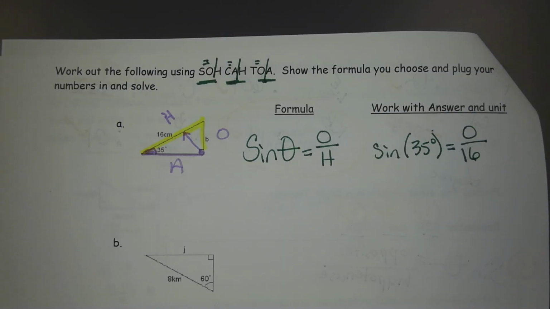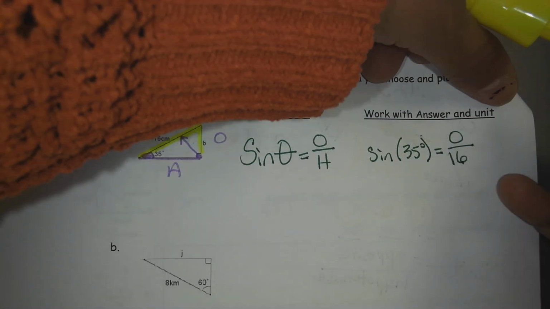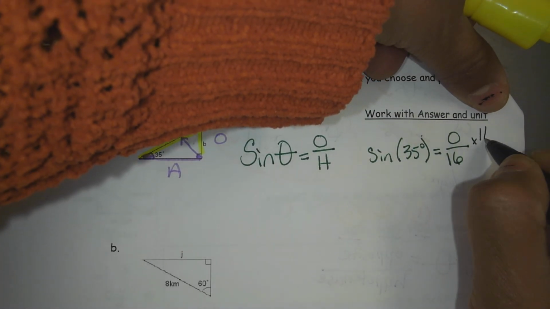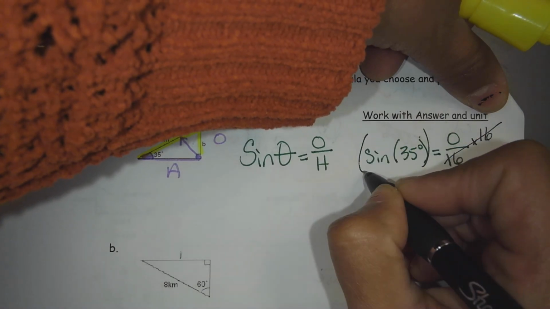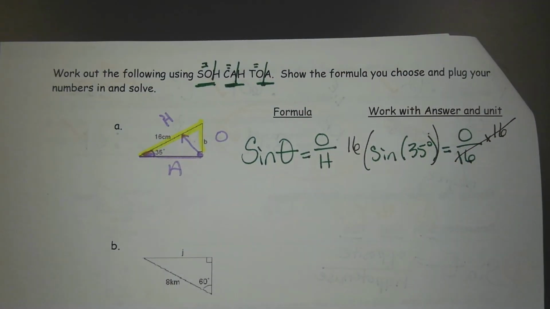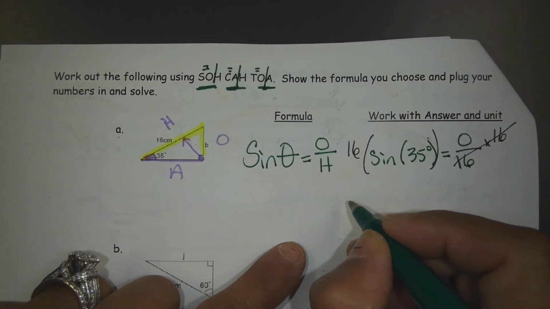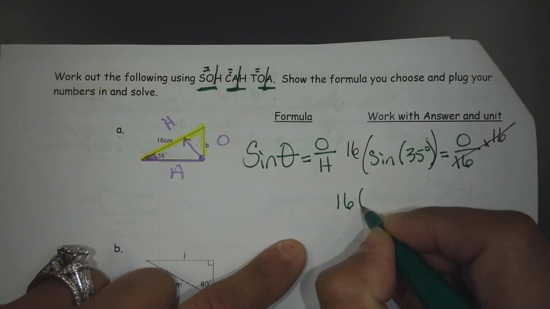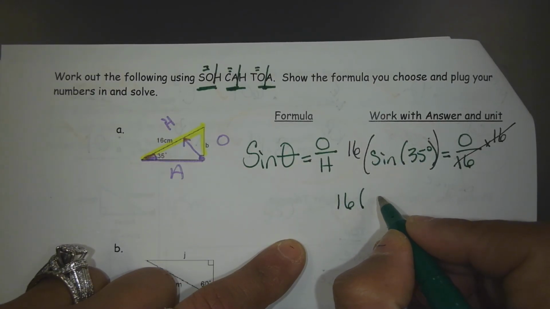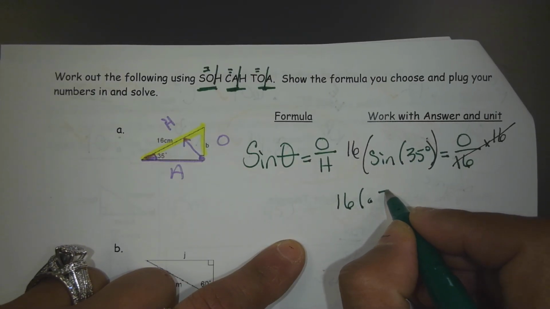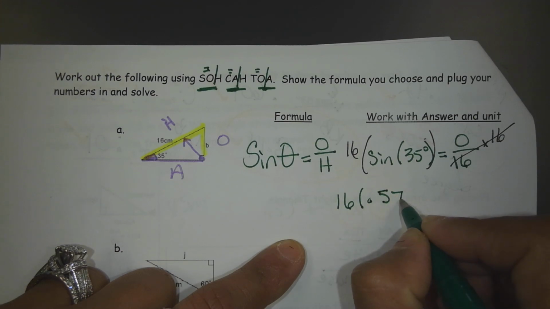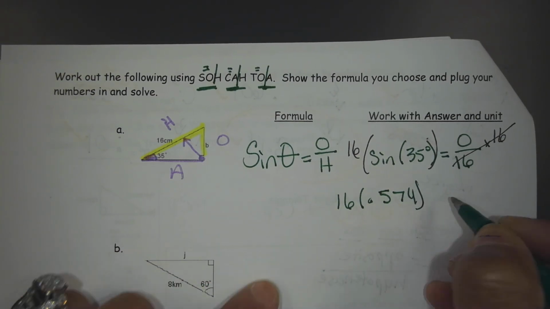Ready? I need to algebraically get O by itself. So multiply by 16 to cancel, and multiply this by 16. Hopefully you see why those orders of operations were so crucial. I'm just going to do this step by step. 16 times the sine of 35, which is 0.574.